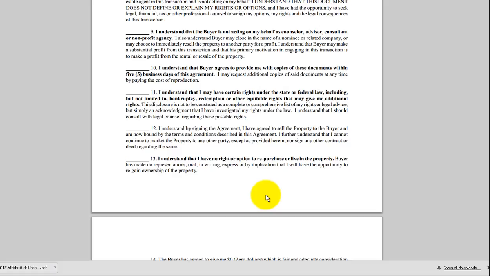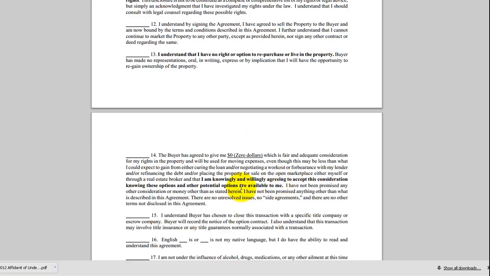They understand that they have no right or option to repurchase or live in the property. And that should be very, very clear. That's just not allowed by any one of these approval letters or short sale affidavits. Now, also the buyer has agreed not to give the seller any money at closing.